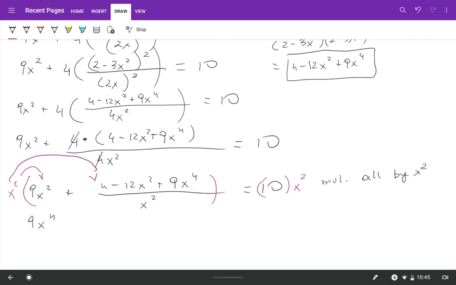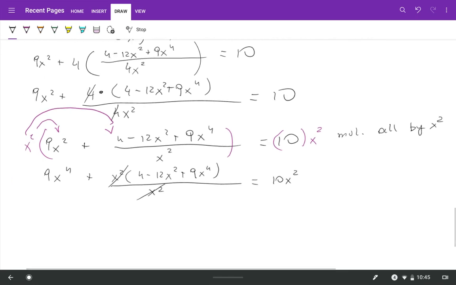Now x squared times the entire fraction, the x squared cancels, but let me just show you: this is x squared times 4 minus 12x squared plus 9x to the power of 4 divided by x squared, and like you see, they cancel, equals 10x squared. So let's simplify. 9x to the power of 4 plus 4 minus 12x squared plus 9x to the power of 4 equals 10x squared.